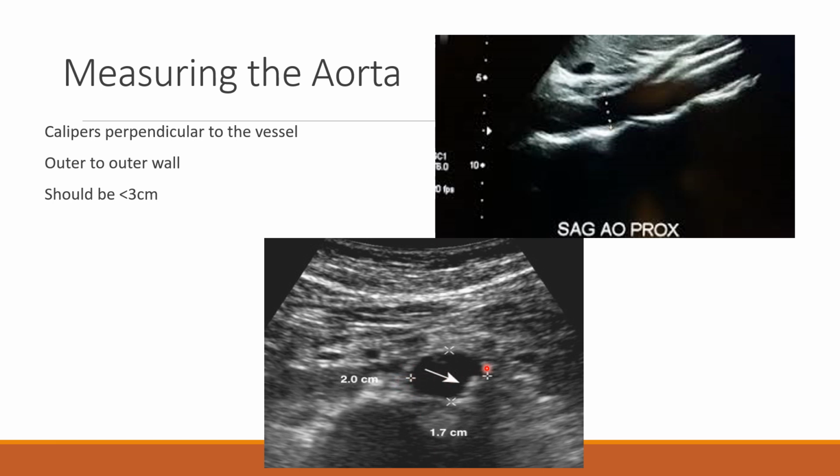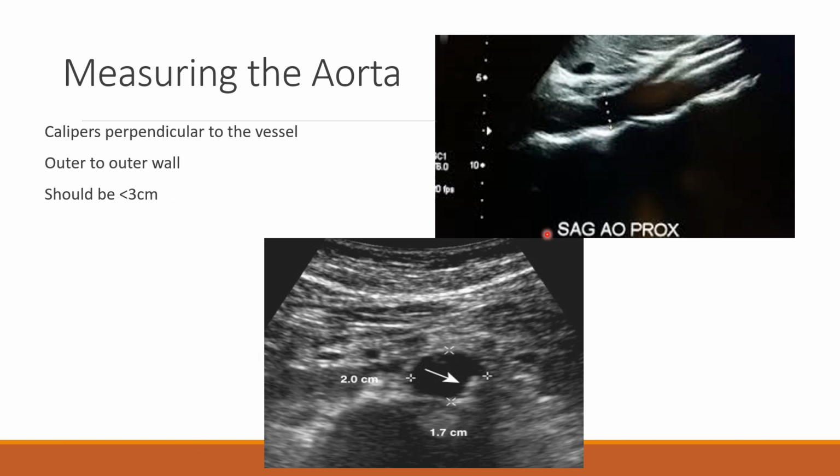When you're setting your calipers, you want to make sure that you are setting your caliper just to the outside of both walls of the aorta, and that's how you're going to get your accurate measurements. So we go outer wall to outer wall. And then all measurements should be less than 3.